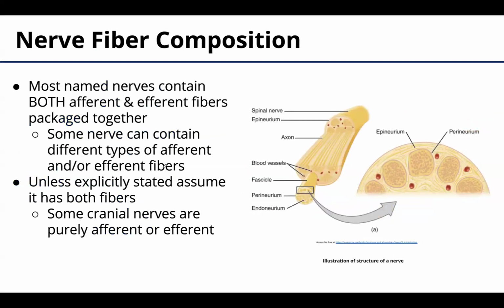Now, we have spent the last few minutes talking about these distinct categories, but it's important to note that most nerves don't just have one type of fiber. Most named nerves, particularly spinal nerves, but many cranial nerves as well, contain both afferent and efferent fibers packaged together in one nerve.